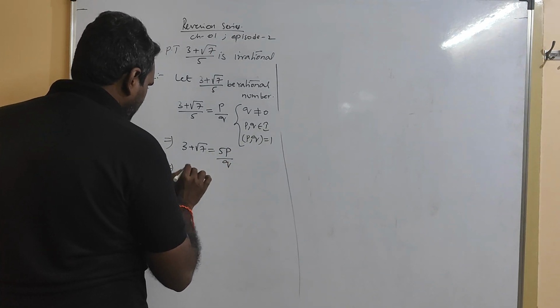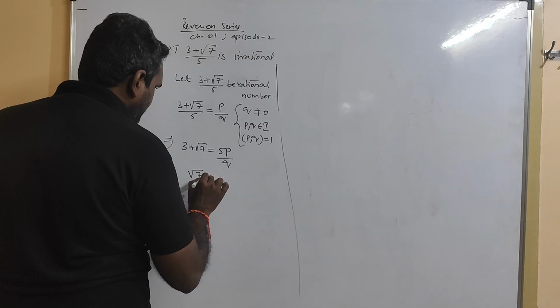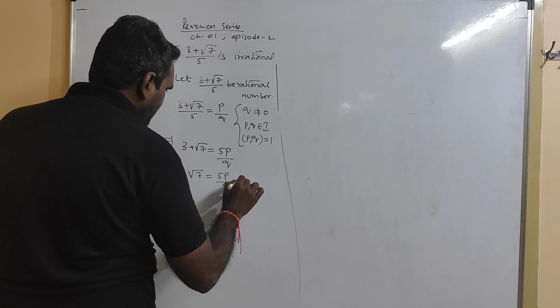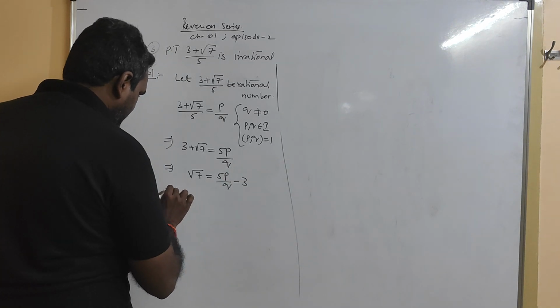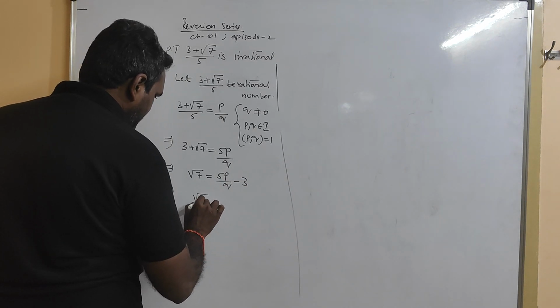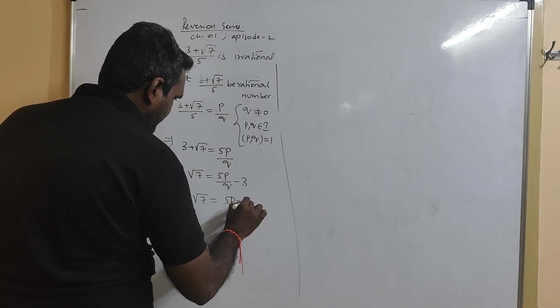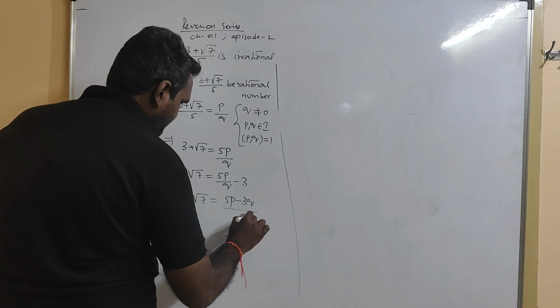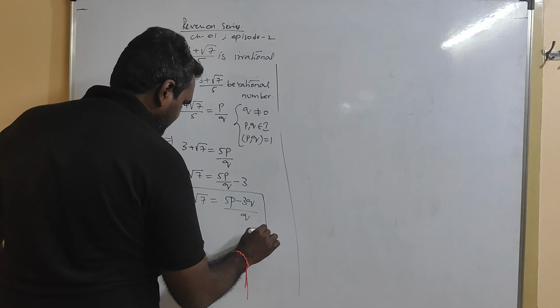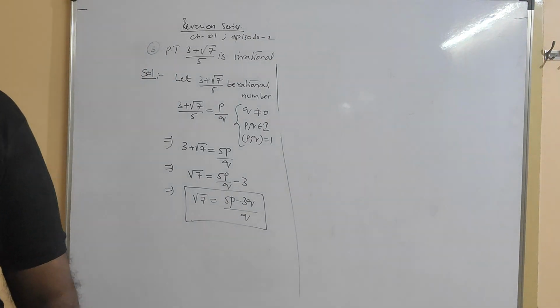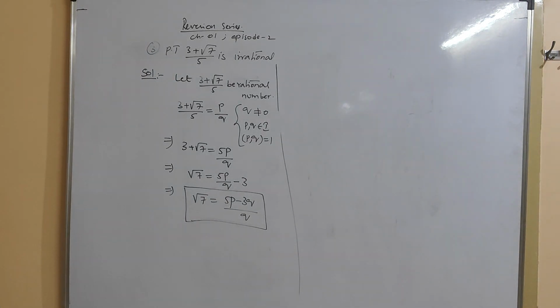This implies root 7 is equal to 5p by q minus 3. This implies root 7 is equal to 5p minus 3q by q. Till here only you have to do.